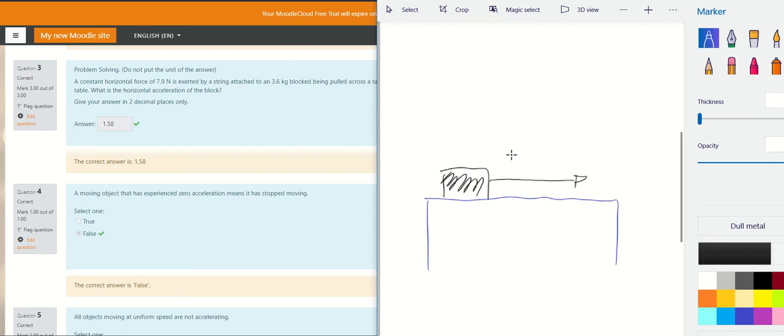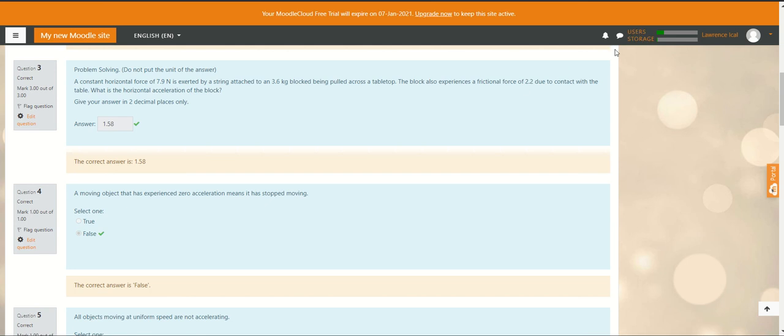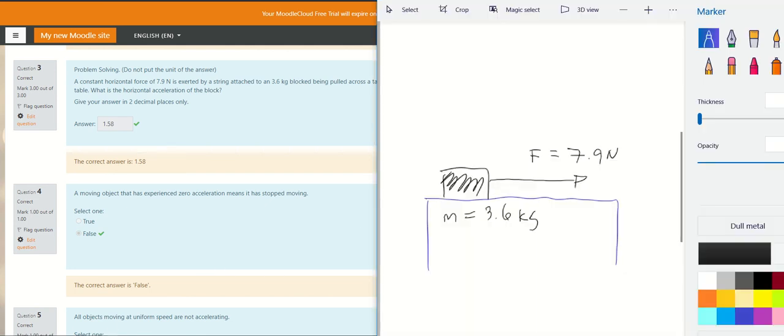It says here that the constant horizontal force is 7.9 newtons, the mass of the object is 3.6 kilograms, and it has a frictional force of 2.2.